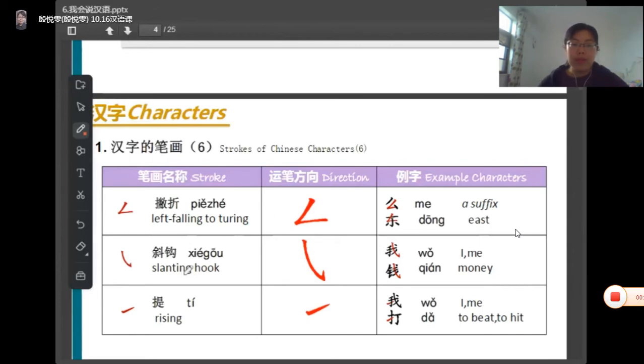Okay, the next one, 斜钩, slanting hook. Before, we learned 竖钩. This one is 竖 and this one is 竖钩. Today the new stroke we learn is 斜钩.